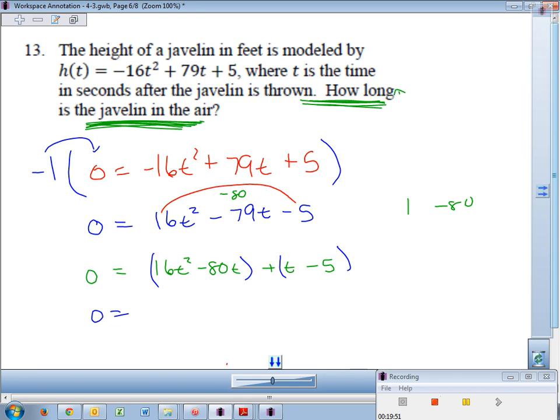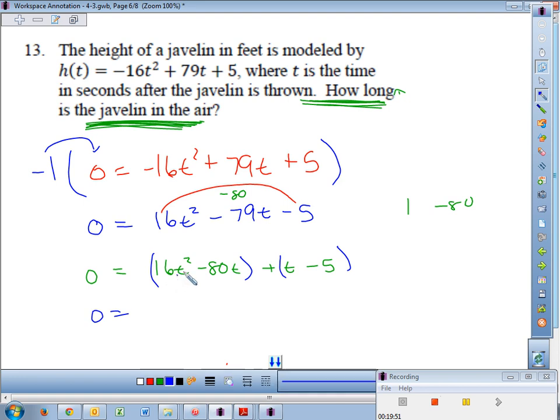Now that you have a little more factoring experience, would you like to see a real easy trick to see what's the GCF between the first two guys? Look at the last two guys. What's that one? It's a t minus 5. Shouldn't the first one have to turn out to be a t minus 5 after you've taken the GCF out? So what would you have to do to this guy to get it to turn into a t? What would you have to take out? You'd have to take out a 16t, wouldn't you?